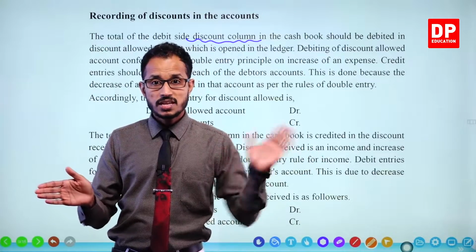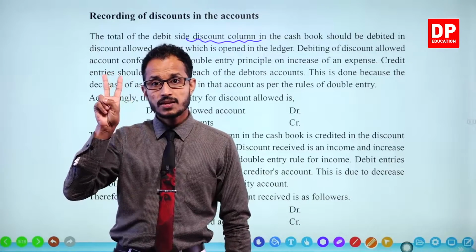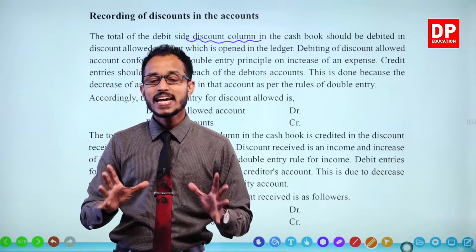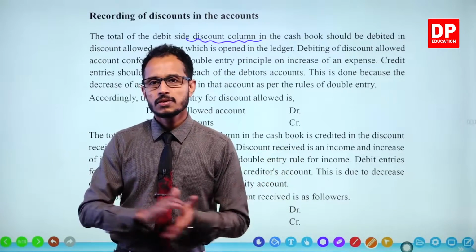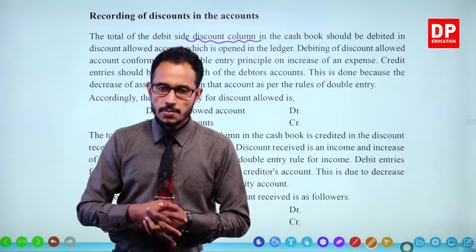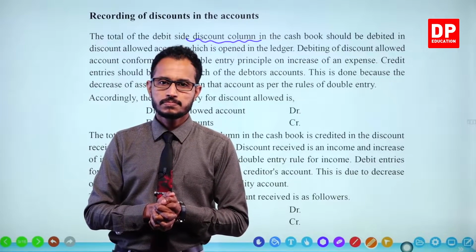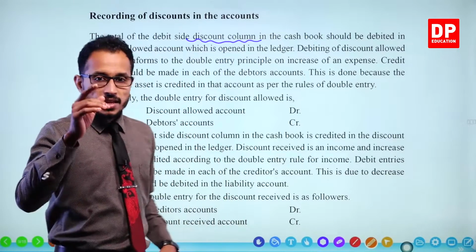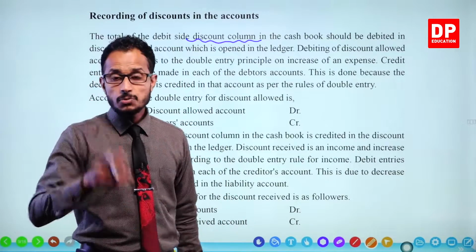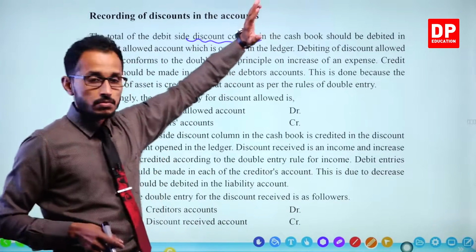There should be two columns dedicated for discounts allowed and discounts received in the debit side and credit side of the cash book. I told you in the last session that we are going to draw this new cash book with discount columns. That's what we are going to do today.